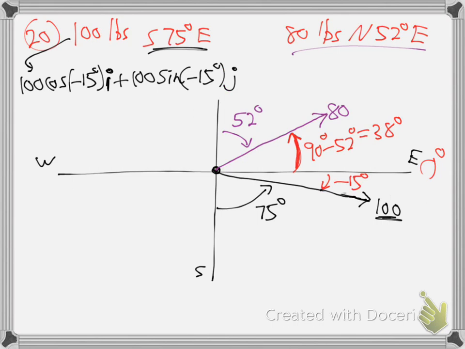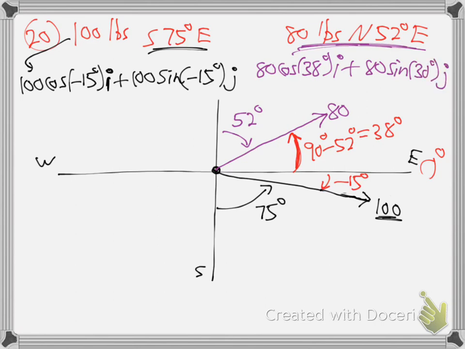Good? And then the purple one here, that one's going to be 80. Again, cosine comes first, goes with the i. Cosine of 38 degrees i plus 80 sine 30 degrees j. So let's use a calculator, get the decimals on those. Those are the two vectors.